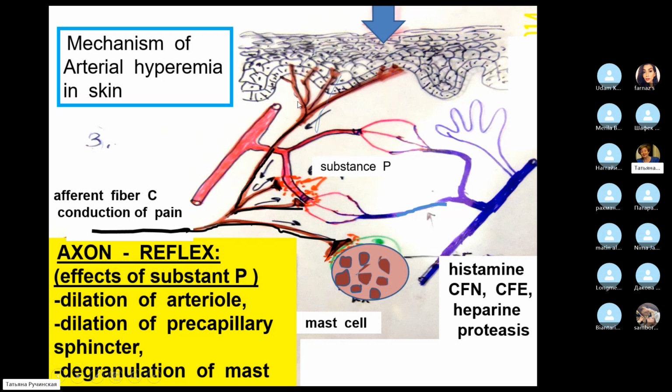The stimulus comes at first through the end of the axon of the cells, which are located in the spinal ganglion. And there may be the afferent fiber C or maybe A delta. So this axon has three branches. One of them comes to the arteriole, another comes to the precapillary sphincter, and the last comes to mast cells.